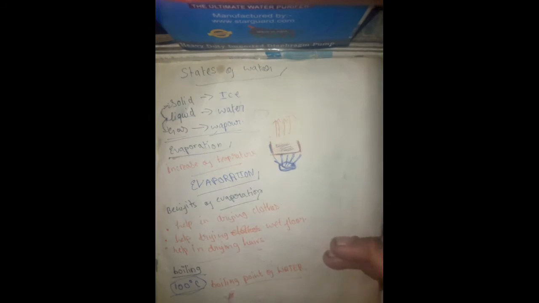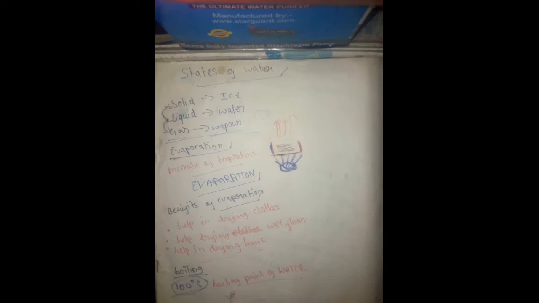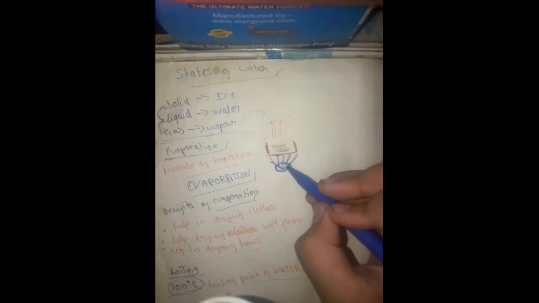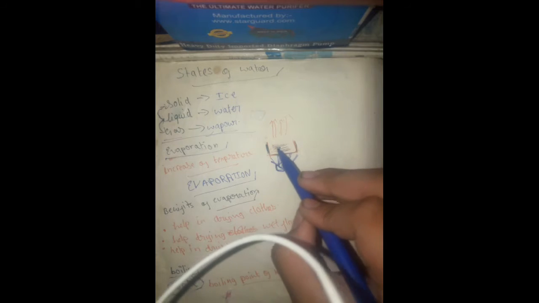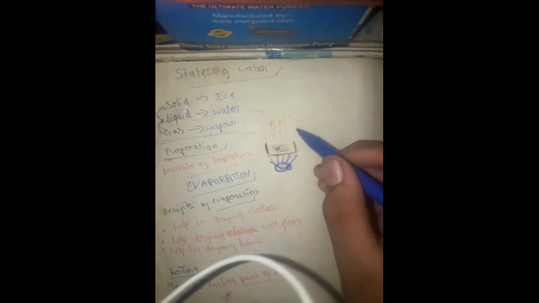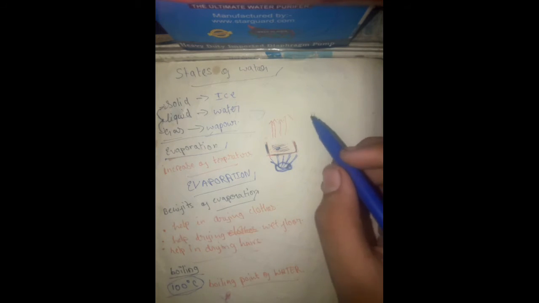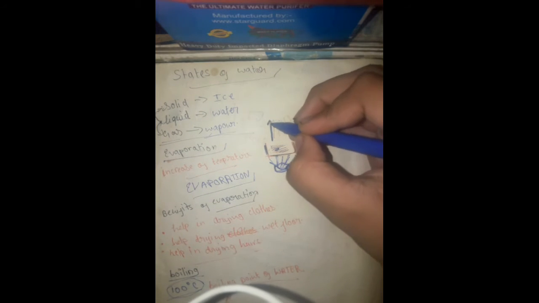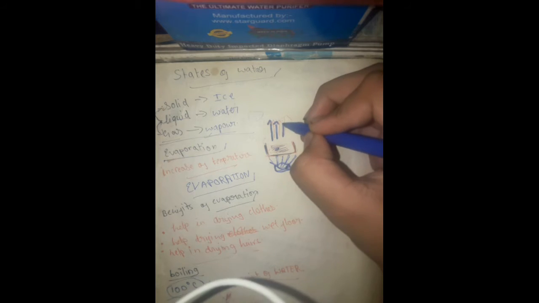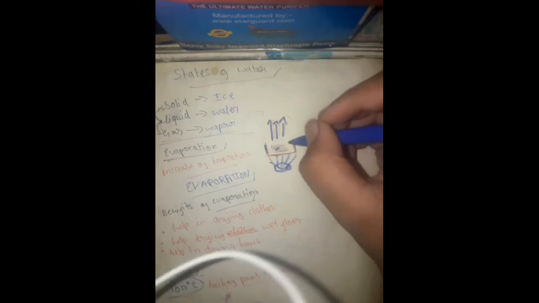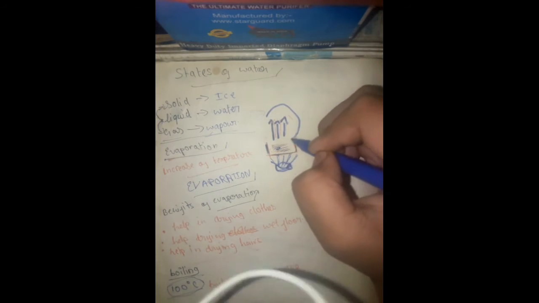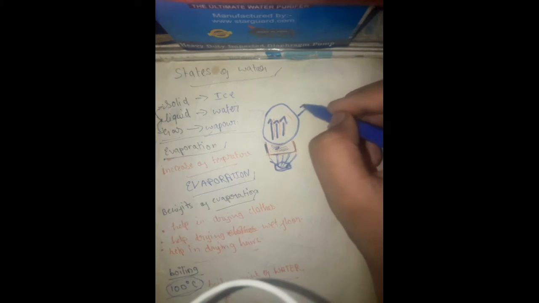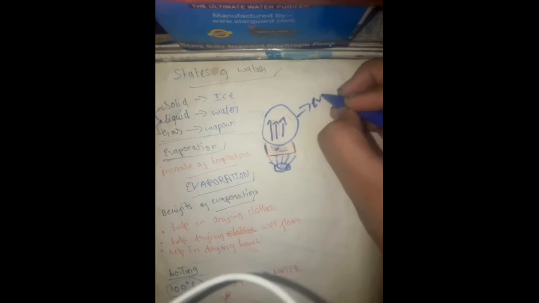So what happens is, when the heat is much and the temperature of this water comes to a certain point, then the water starts to dry up. It starts to evaporate. And when it evaporates, this is known as evaporation.